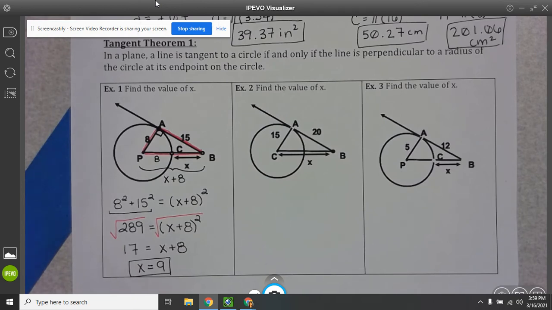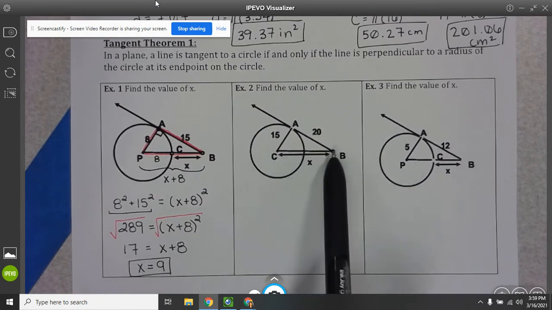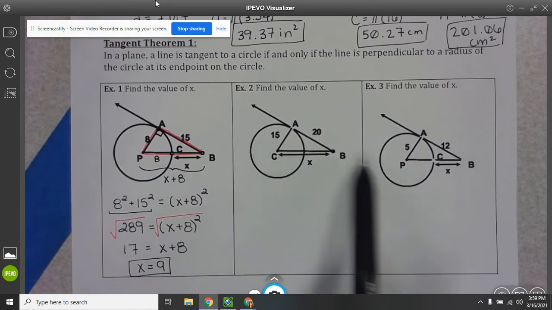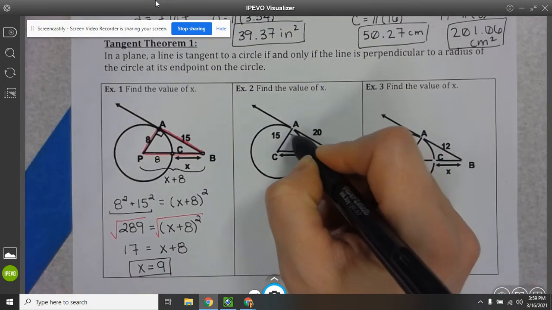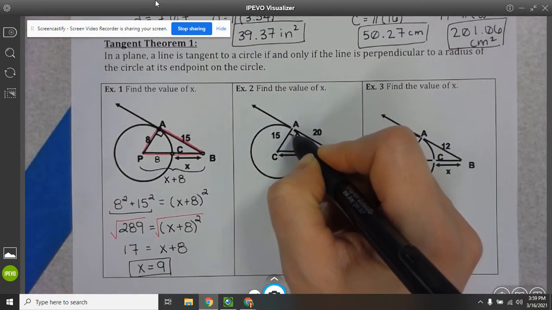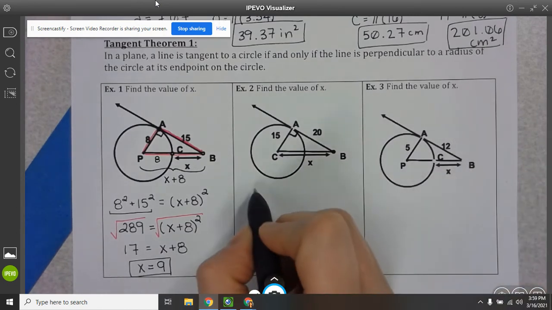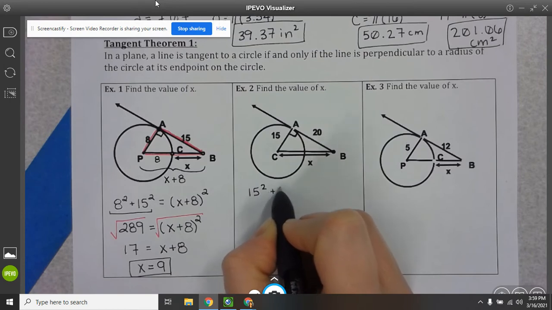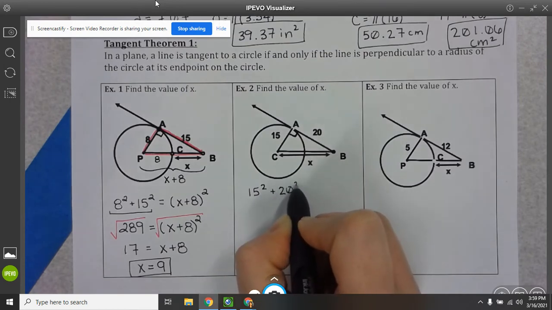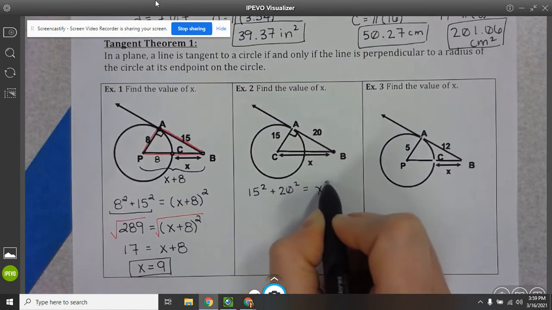Example number 2 is a little bit different because in this case, now x is the entire hypotenuse. So here's my right angle where the radius and the tangent line meet. So this one is just 15 squared plus 20 squared being equal to x squared.